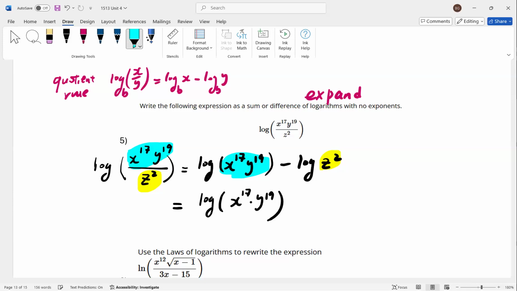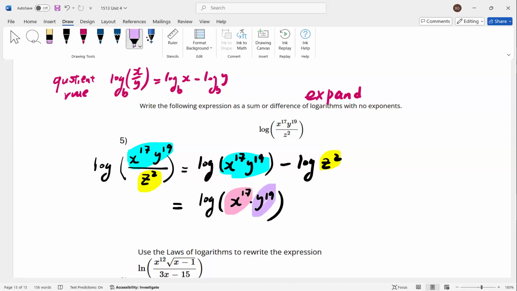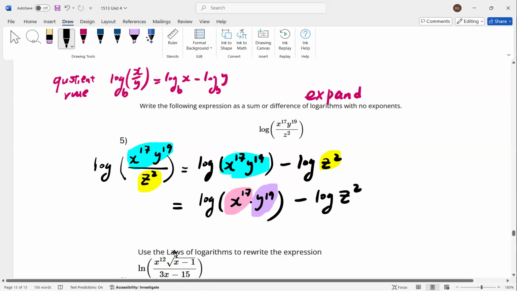How about pink and purple? A little bit similar color. For that log, the argument, the original blue, has the structure of a product, minus log with base 10 of z squared. I'm going to keep that for now.